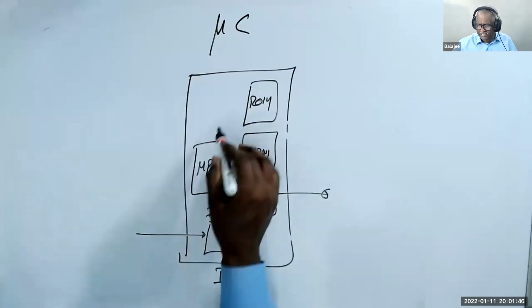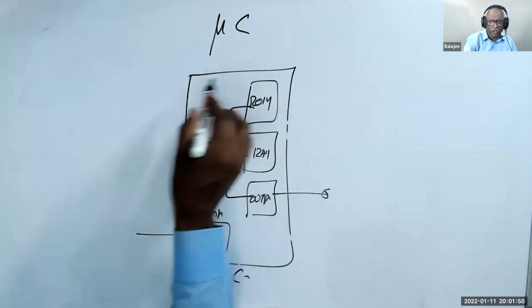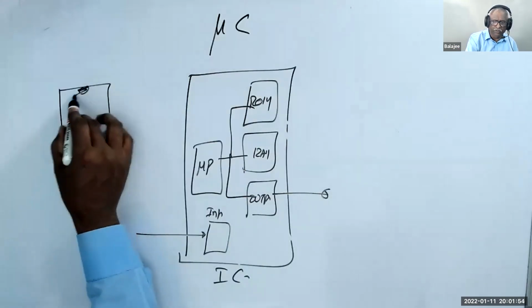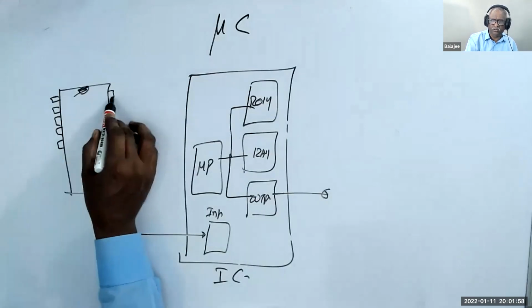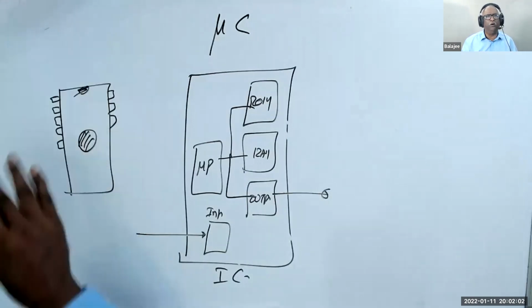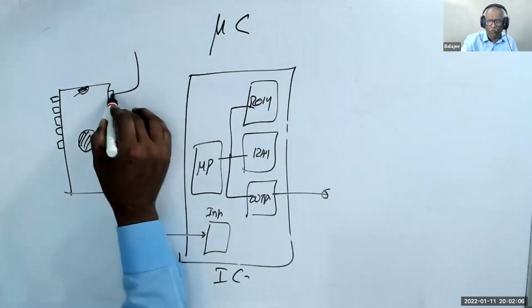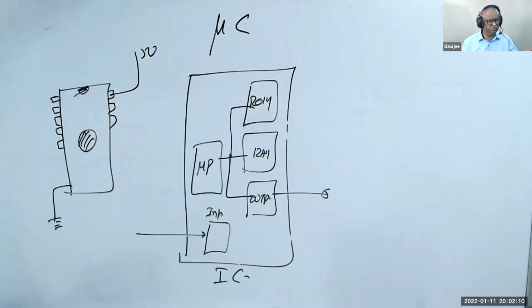You don't see other connections; everything is inside. They are not shown to the outside. You will see only a chip with pins. All are inside the silicon, and they put a cover on top of it. You don't see that, and you have to give only a voltage here, 5 volt. That's it.